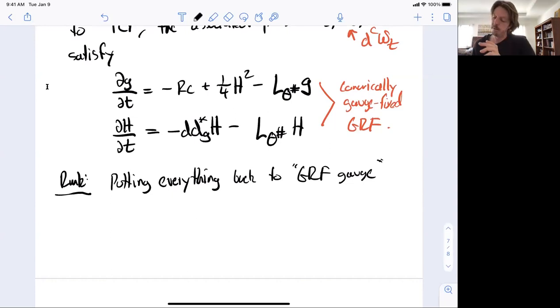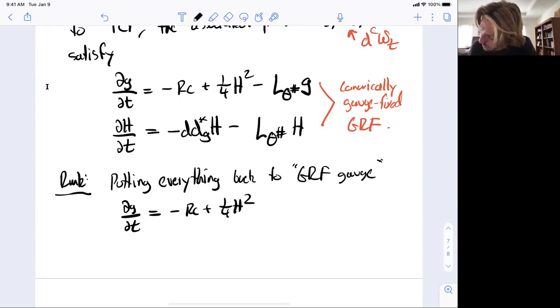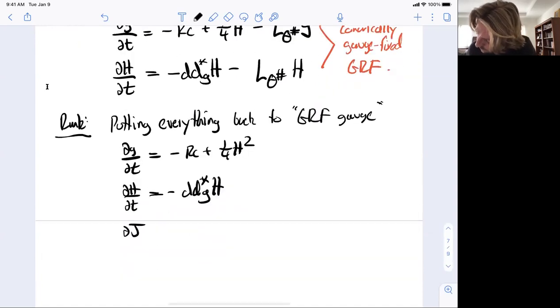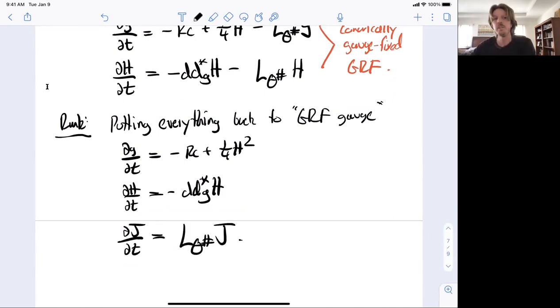If I start with a pluriclosed metric and I run generalized Ricci flow, it will correspond to a pluriclosed structure, but only after I also evolve J. So dG/dt is minus Ricci plus 1/4 H squared. dH/dt is minus d d star of H. But then dJ/dt will be the Lie derivative with respect to theta of J. So I've removed the gauge term on G and H at the expense of inserting a gauge term for the flow of J.